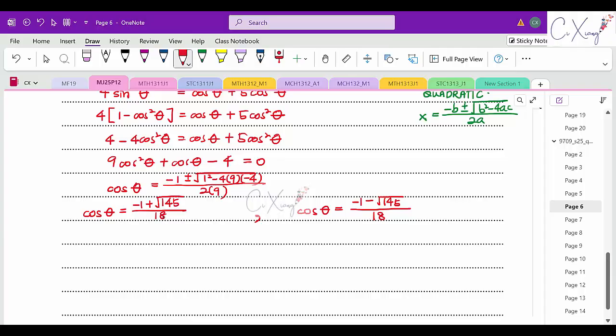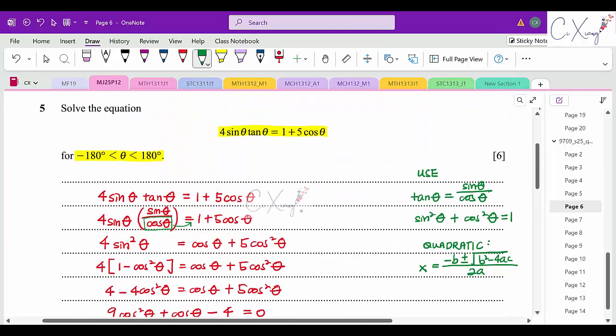So to solve this question, we can take the basic angle. After you get the basic angle, you need to go through the quadrants and see which answers are in the quadrants that you want to accept. Let us have a look again at the question. What is the range they want us to find out? It is theta from negative 180 to positive 180.